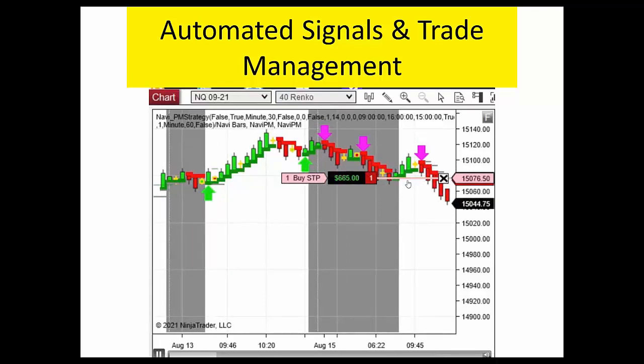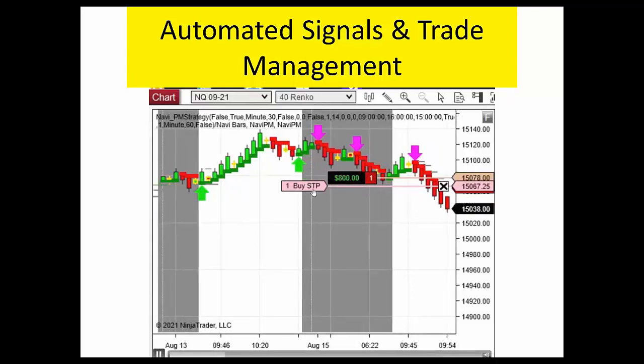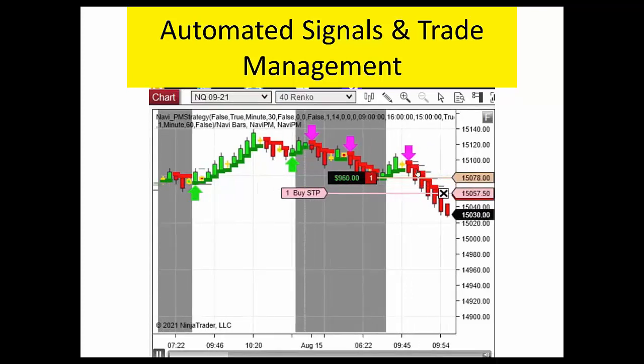That's the pink line. In a short position, your trailing stop is a buy stop order. So what we've got is the trailing stop attached to the signal line, which is one of our NaviTrader indicators. As the market's moving lower, it's adjusting the stop downward automatically. So that's the automated trailing stops.